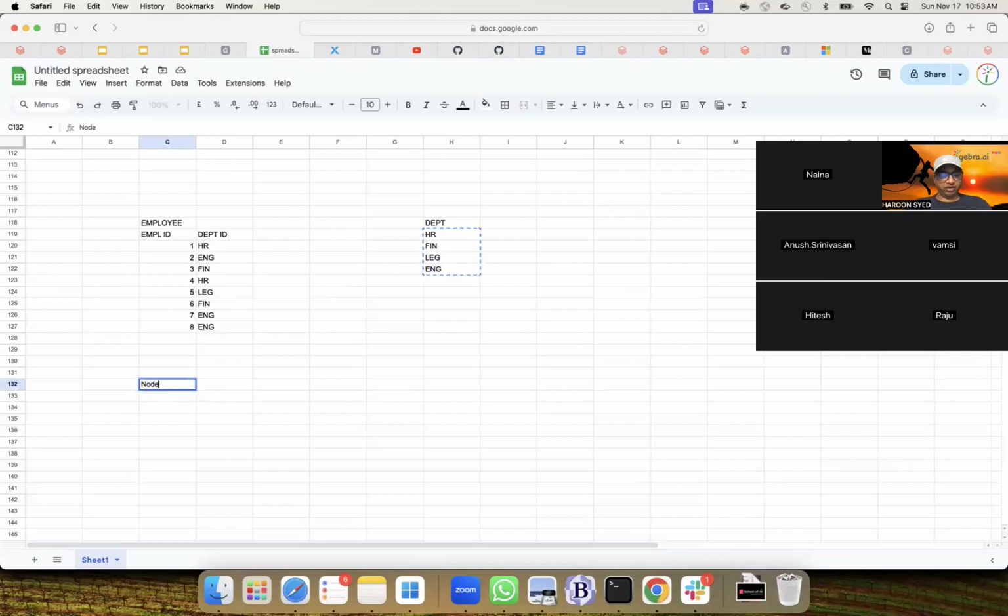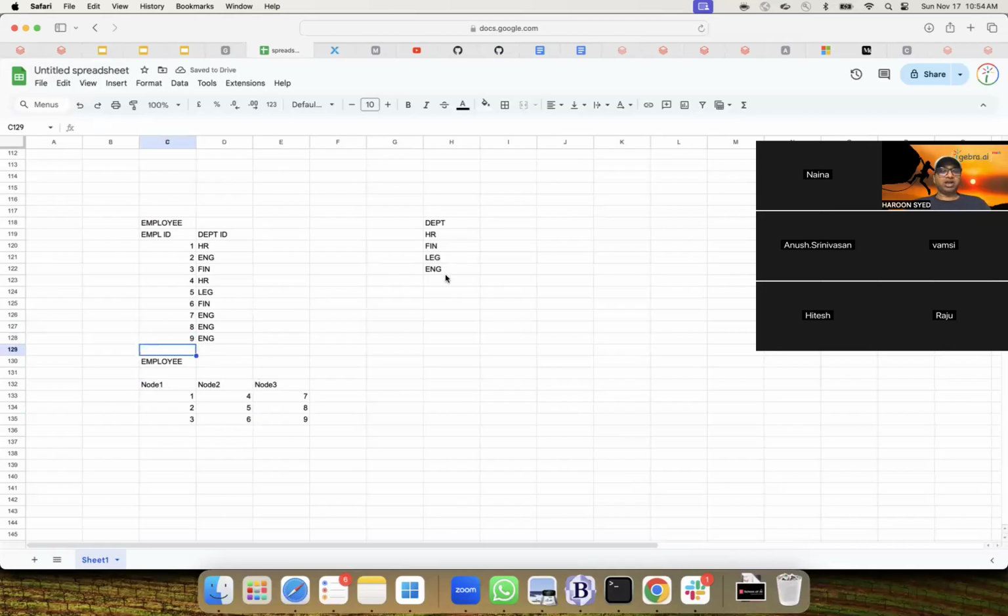So if node 1, node 2, node 3, and let's say employee ID 1, 2, 3, 4, 5, 6, 7, 8, 9, so this is my employee table that is split into 3 partitions across 3 nodes, 3 machines, right?